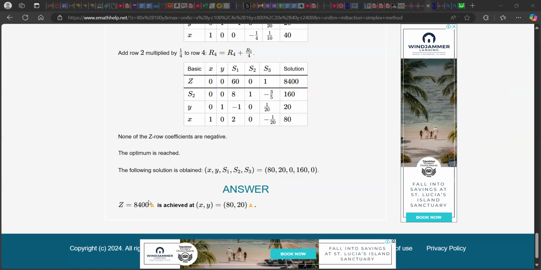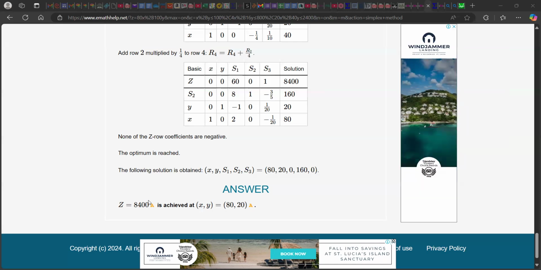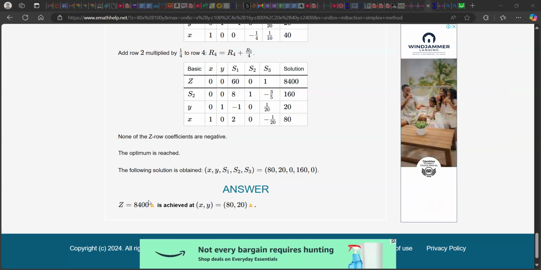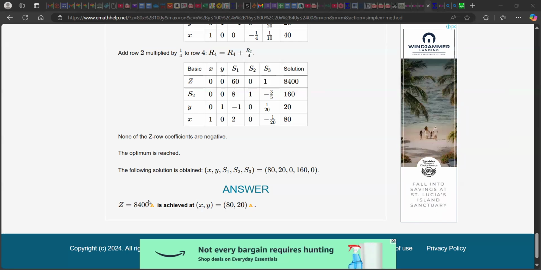You have to understand what you do to make the number above the pivot element 0, and the number below the pivot element 0. How do you do that? What row operation must I do? You have to figure that out on your own. But if you watch a number of these examples, you're going to figure it out.